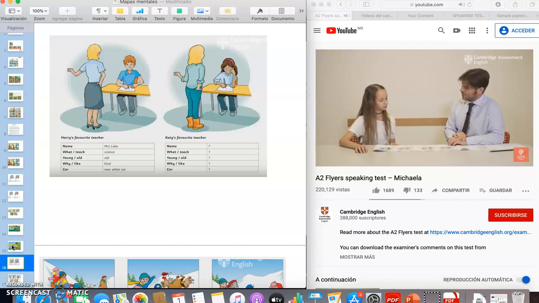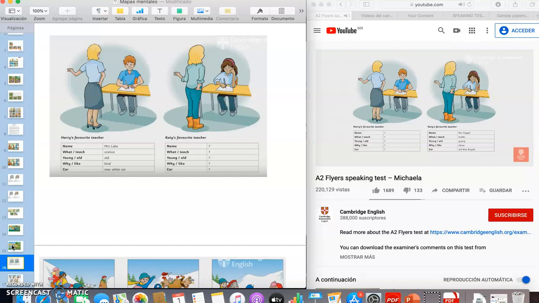Is she young or old, Michaela? She's old. Why does Harry like her? Because she's kind. Has she got a car? Yes, she's got a new white car. What does she teach Harry? She teaches science. Very good.